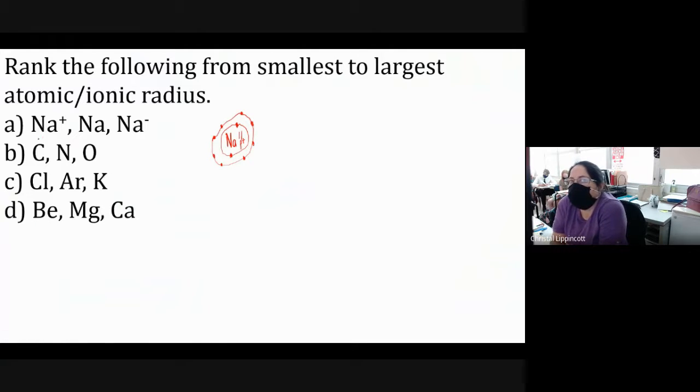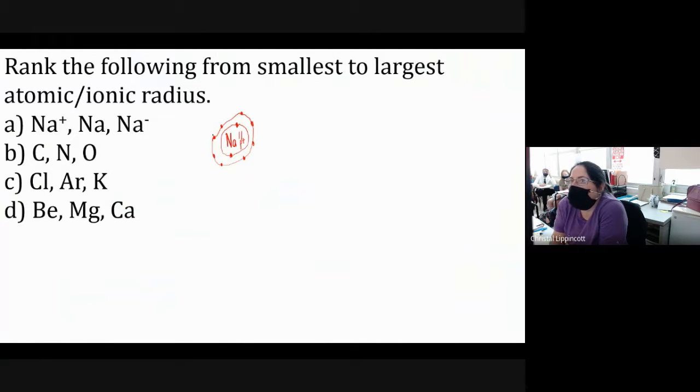So this first one, this is the drawing for sodium +1 because it has lost an electron. It has 11 protons here, and it only has 10 electrons. And it's got one less layer, essentially, one less valence shell. So that's going to be the smallest.